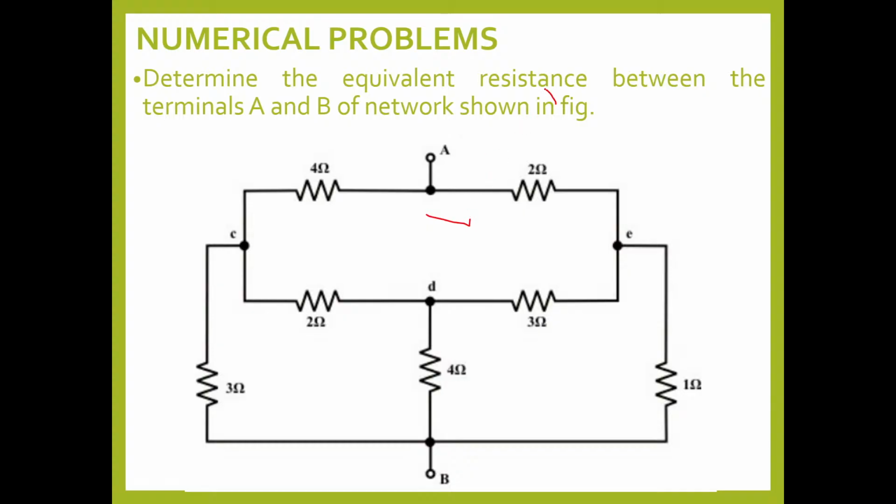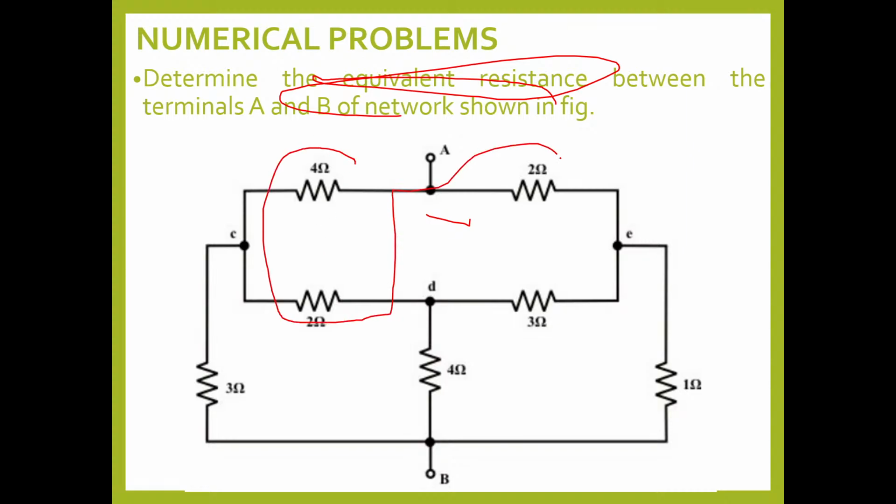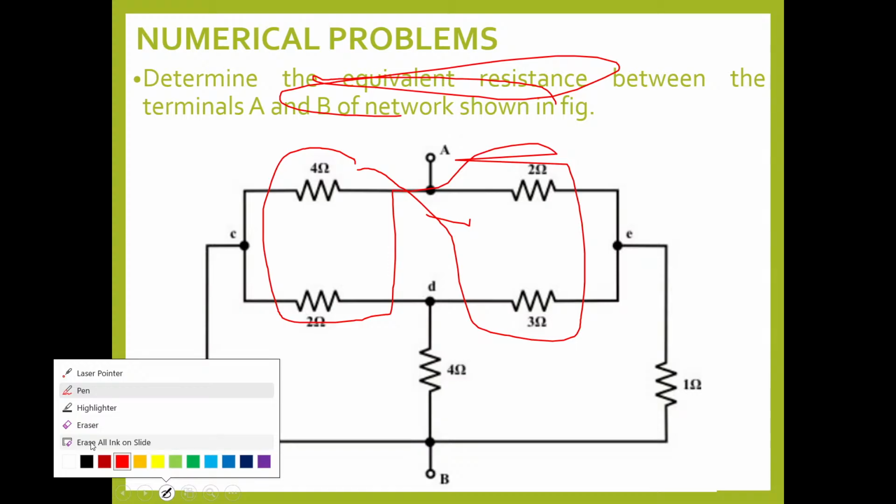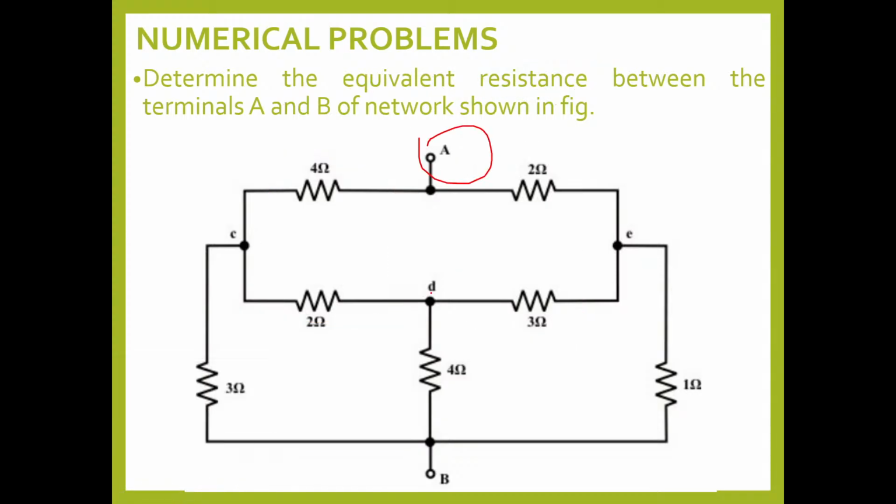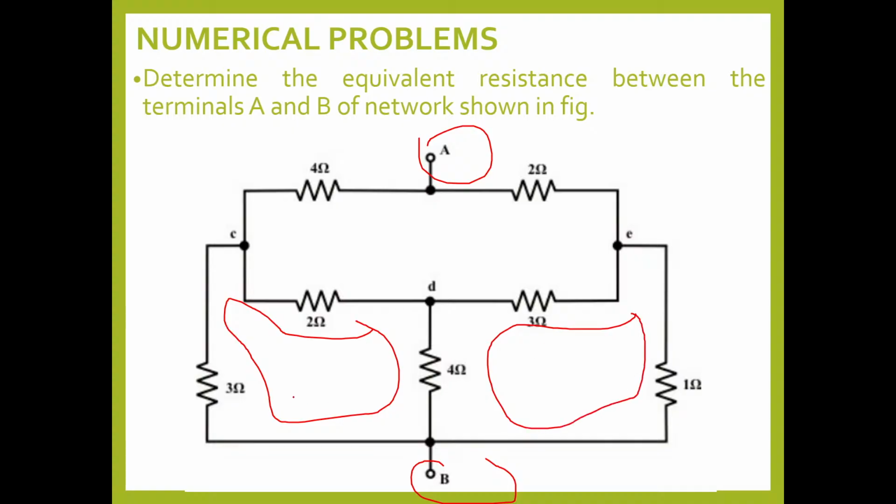If we observe carefully, these four resistors seem to be connected in parallel between terminals A and B, and these three resistors also seem to be connected in parallel.